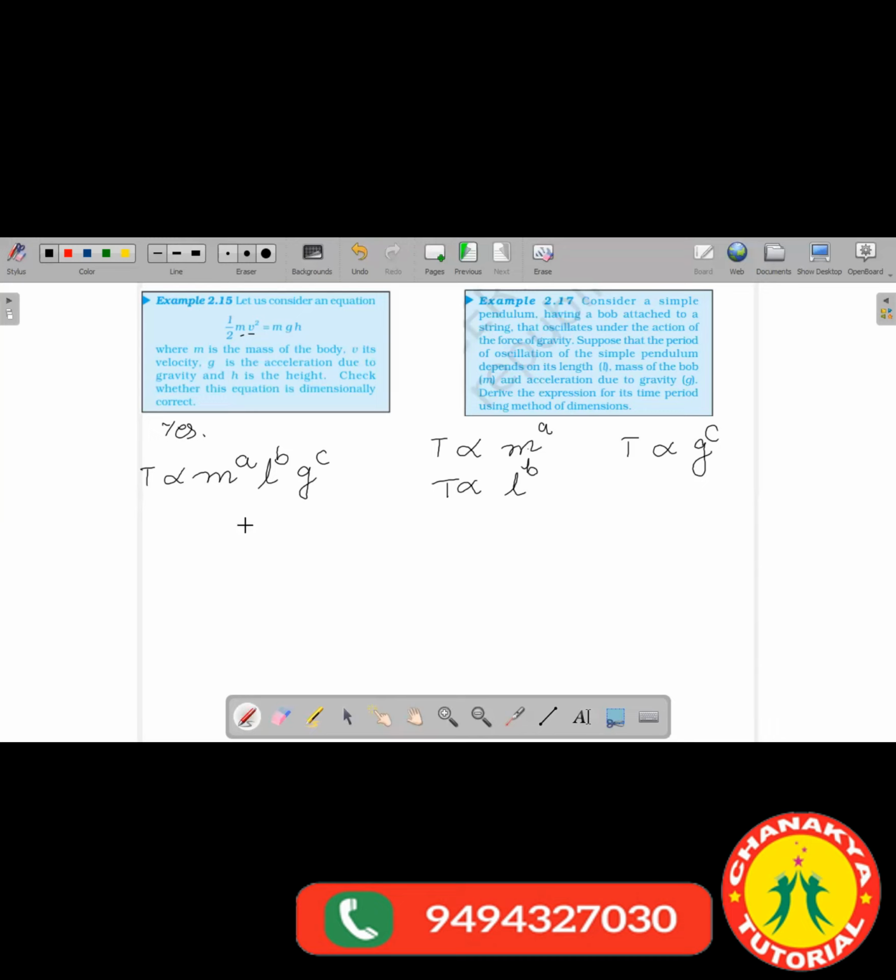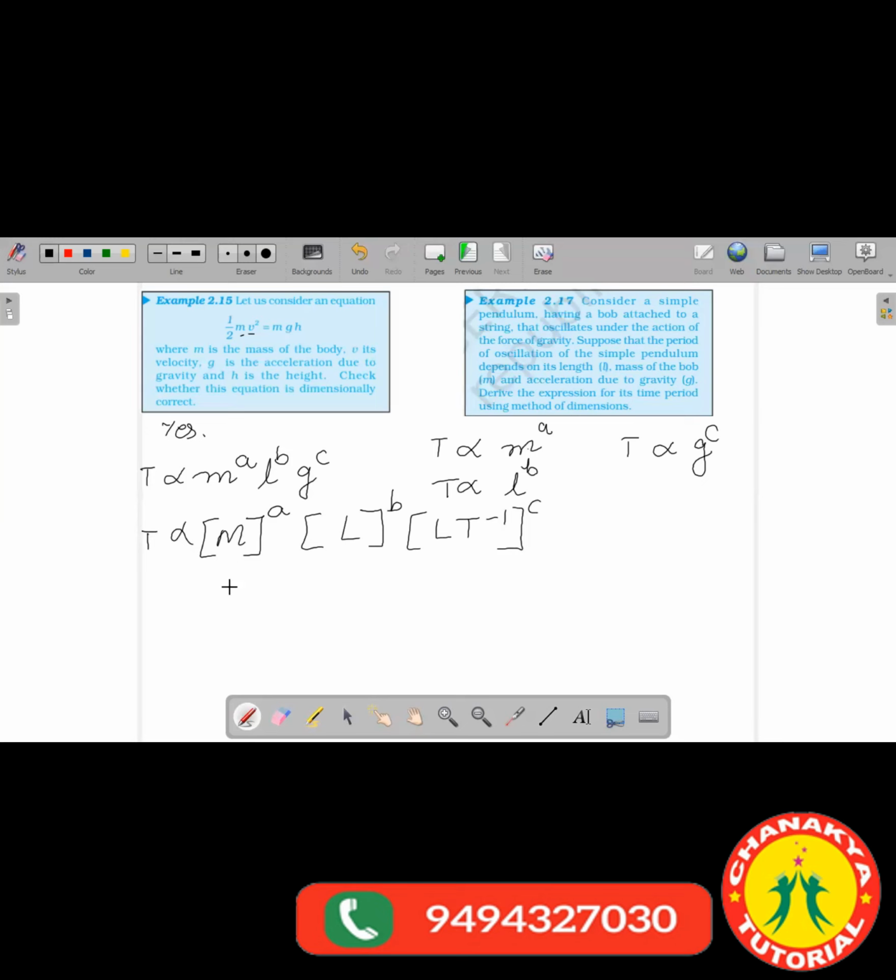And now we can write the dimensions. On the left hand side, we will write the dimension of each physical quantity. The dimension of mass we can write as M, so write M to the power A. The dimensions of L are L only, so we write L to the power B. The dimensions of G, that is acceleration, will be LT to the power minus 2, and it will be to the power C. Here you have the time period.